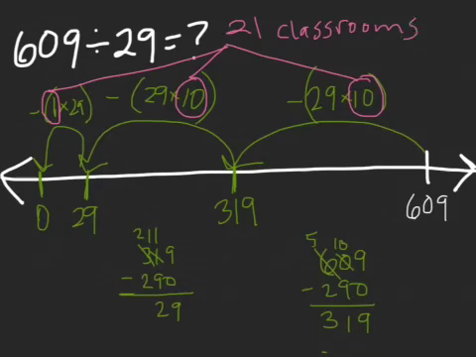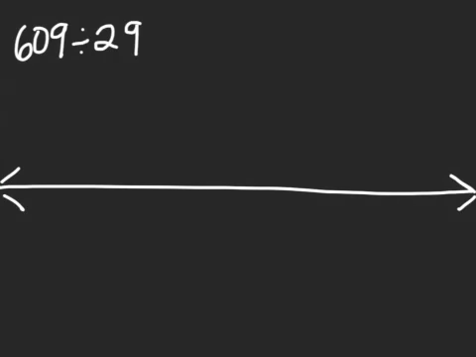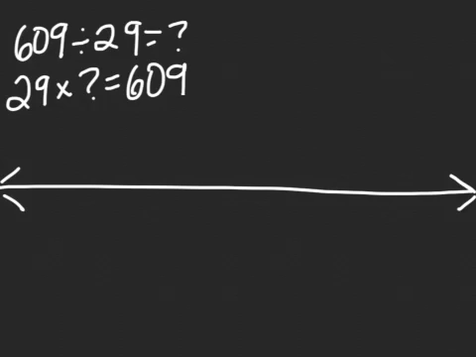Pretty cool. Here's another way of thinking about the same problem. We could think of 609 divided by 29 also as 29 times what will get me all 609 students. 29 times how many classrooms will account for all 609 students.